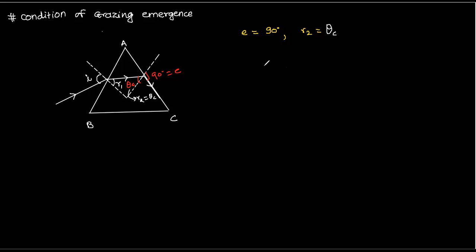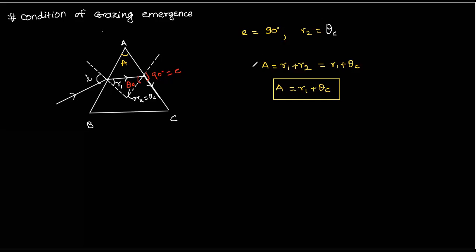Now we know the angle of prism. This is angle A. Angle A is equal to R1 plus R2. So R2 is what here? R1 plus theta c. So angle A equals R1 plus theta c.